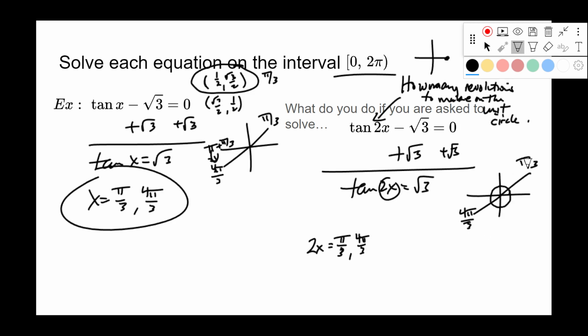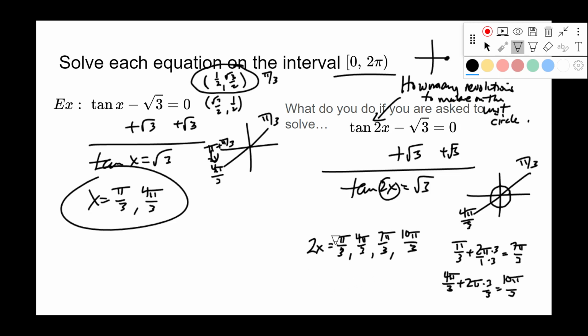To get those other 2 angles that we're looking for, I'm going to have to take pi over 3 and add 2 pi to it because I got to go all the way back around again. 2 pi is really 6 pi over 3, so that's 7 pi over 3. I'm going to write that there. And then I got to take 4 pi over 3 and add 2 pi to that. So 4 and 6 makes 10 pi over 3.